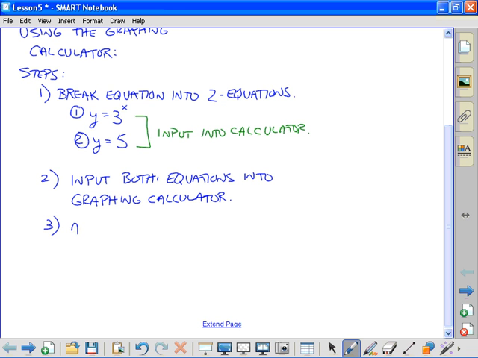Number 3 is going to be adjust window, and I'm going to show you how. Adjust window on calculator.